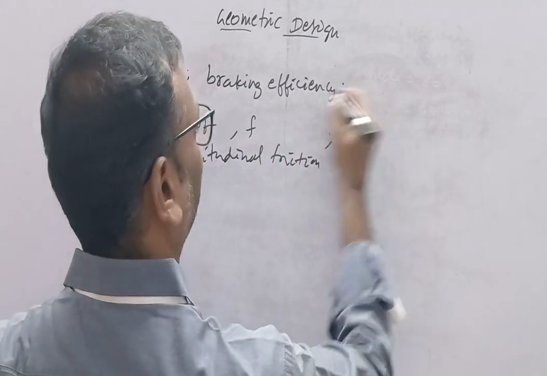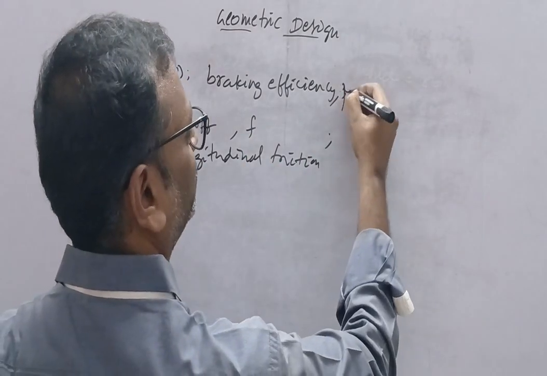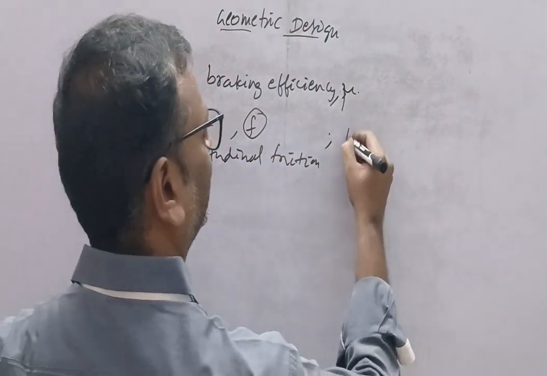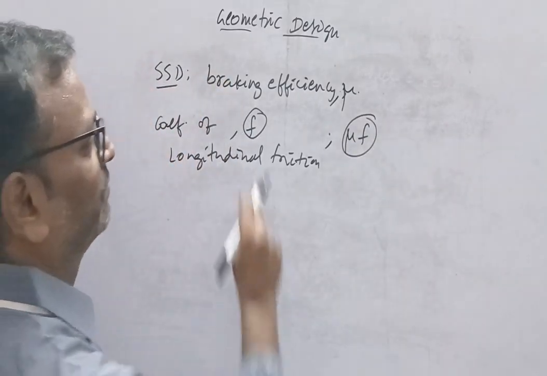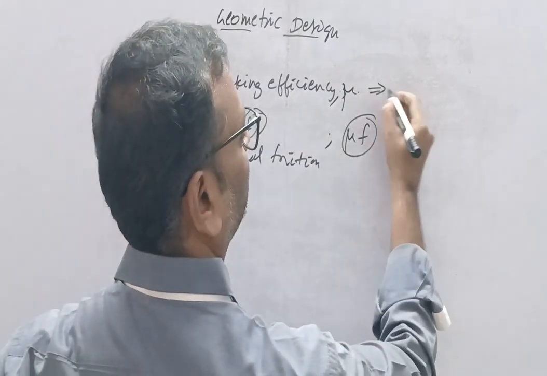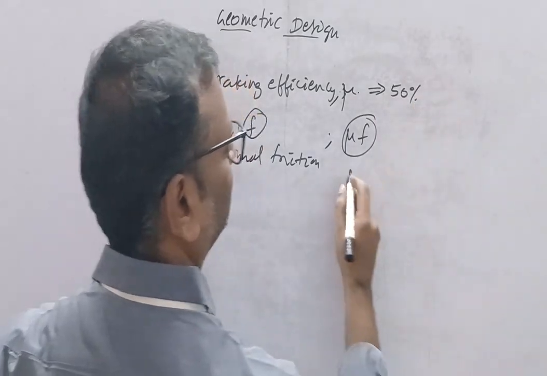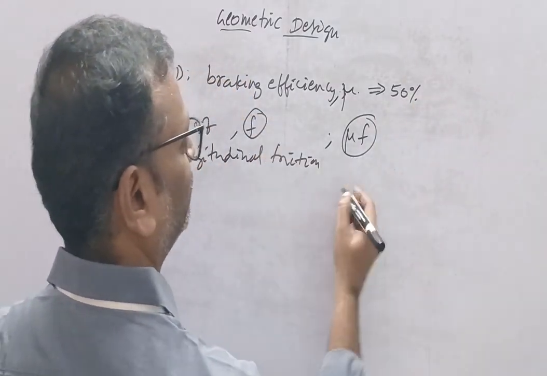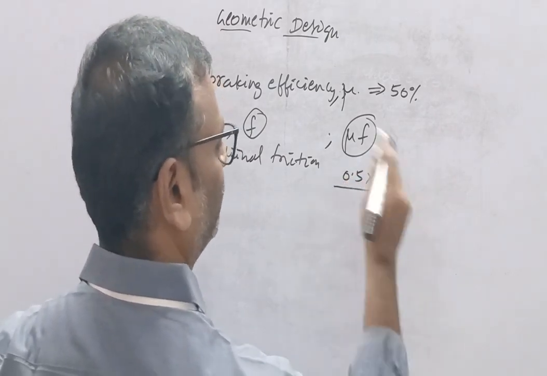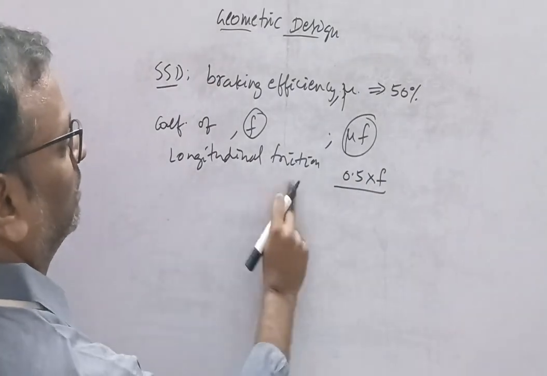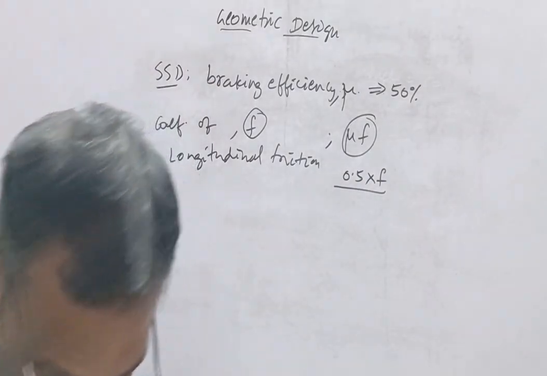This is multiplied by mu, if the braking efficiency is mu. If they have given 50%, then what will happen to this f? 0.5 into f is the final longitudinal friction coefficient.